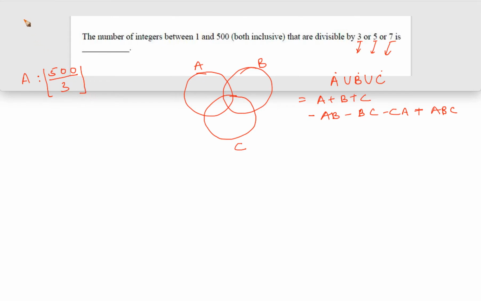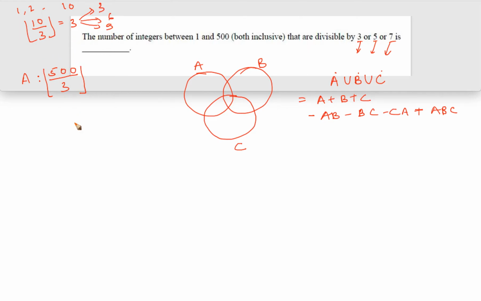Okay, you understand, right? So if somebody asks you from 1, 2, 3 till 10, how many of them are divisible by 3? You divide 10 by 3 and then take floor. So it is 3 point something, so it is basically 3, and the three numbers are, the first one is 3, second one is 6, third one is 9.